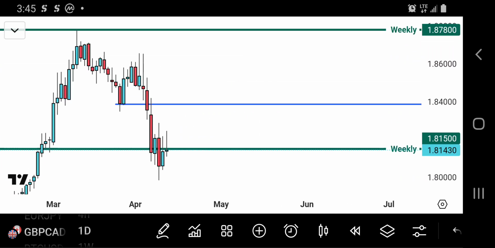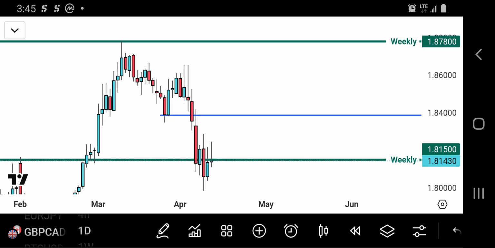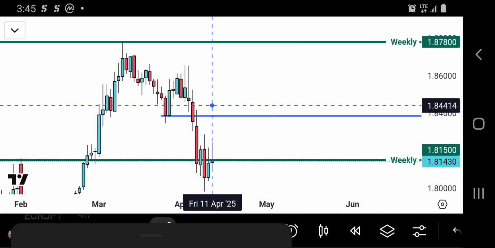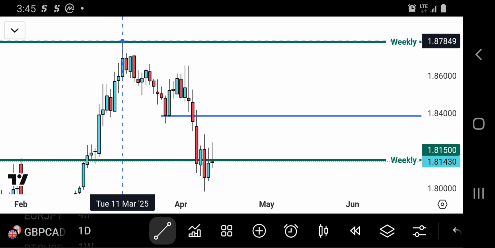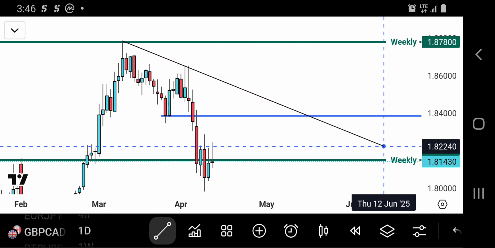We're going to go down to the 4 hour also. Go down, fine, but I can spot the trend line. You can see from there to there.